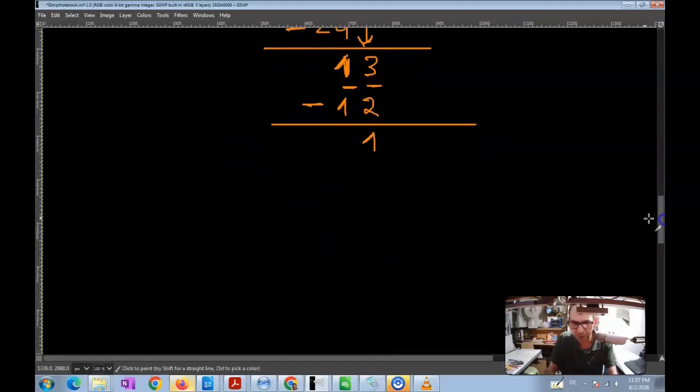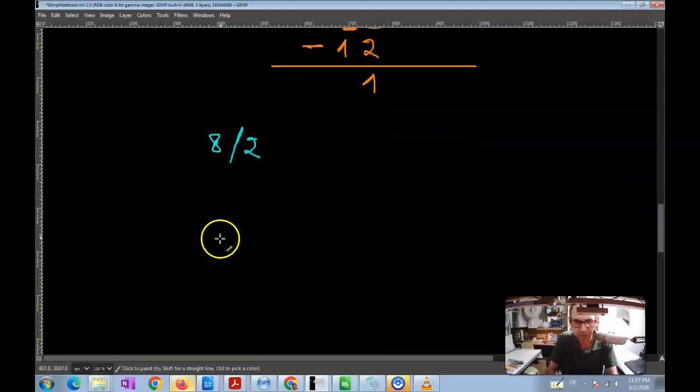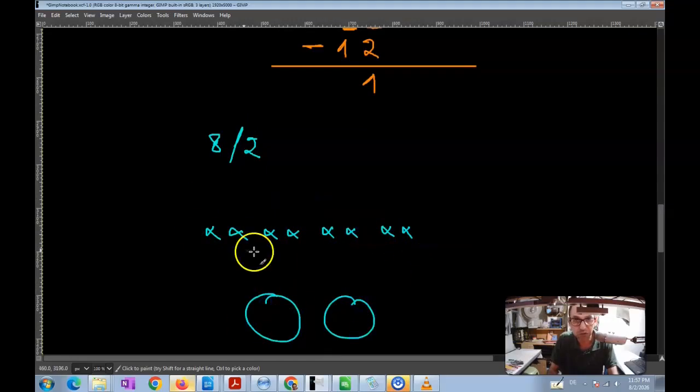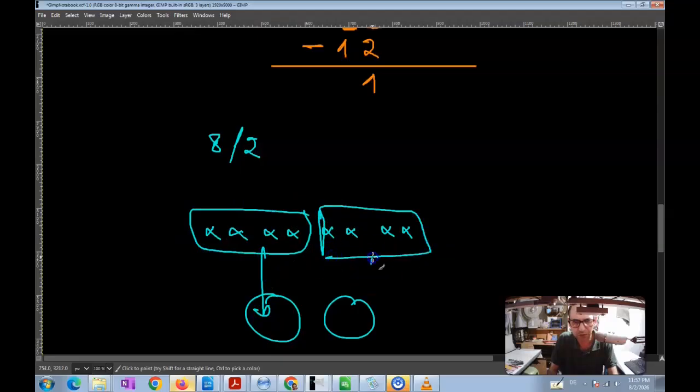For example, 8 divided by 2, right? In this operation, I have 8 pebbles here and 2 groups here, and I want to distribute these. I give 4 of these pebbles to this group, and the other 4 I give to this group, and there is no remainder.